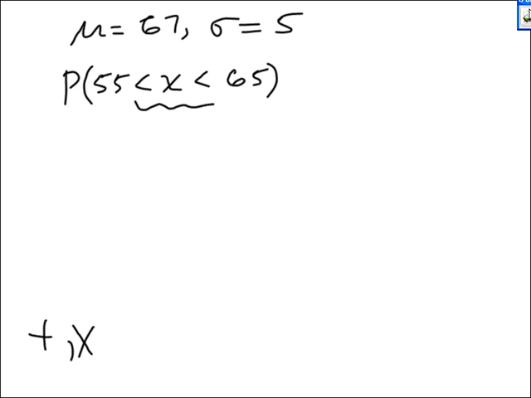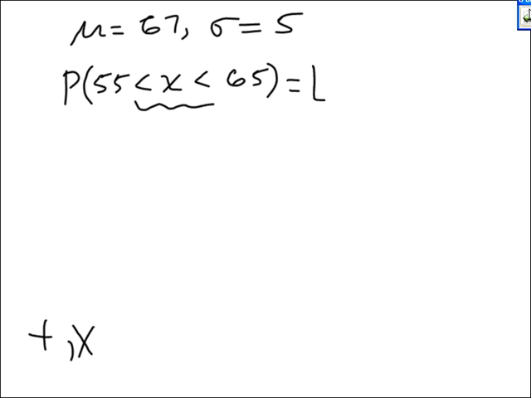I want to find, so let's start over. Here's their problem. The heights of all 12th grade students are normally distributed with a mean of 67 inches and a standard deviation of 5 inches. If you randomly pick one 12th grade student, what's the probability that their height is in between 55 and 65 inches?